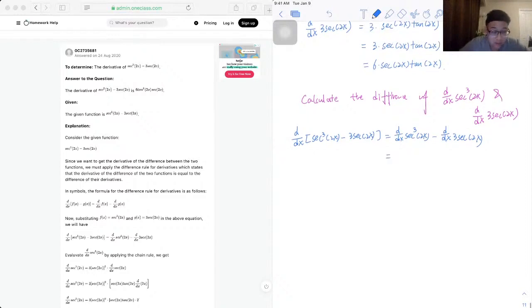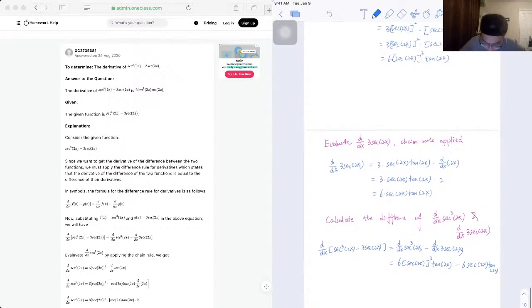And so this is also equal to 6 secant 2x to the exponent of 3 times tangent 2x minus 6 times secant 2x tangent 2x.